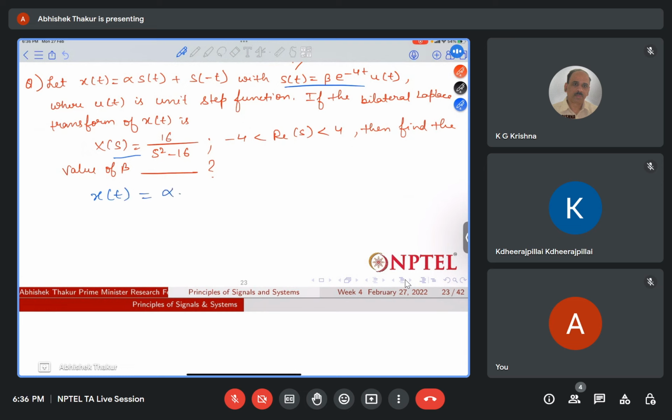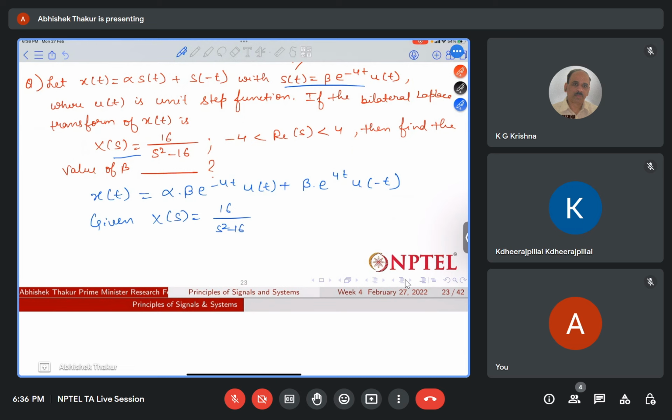So alpha into beta into e to the power minus 4t u(t) plus s of minus t, that is beta into e to the power 4t u of minus t. And it is given that X(s) is equal to 16 by s square minus 16.